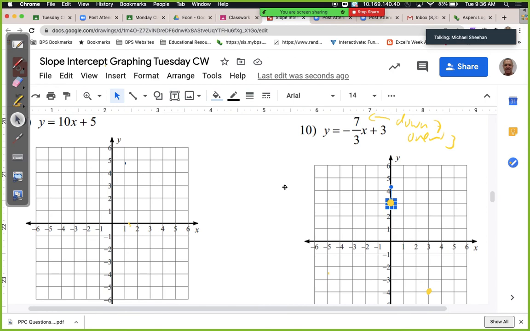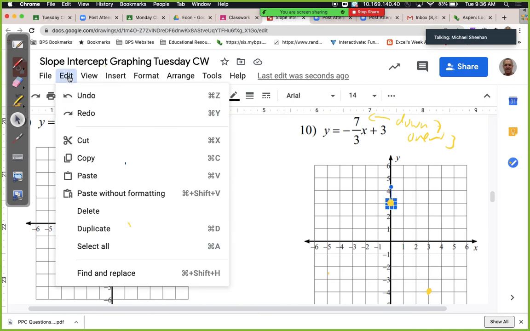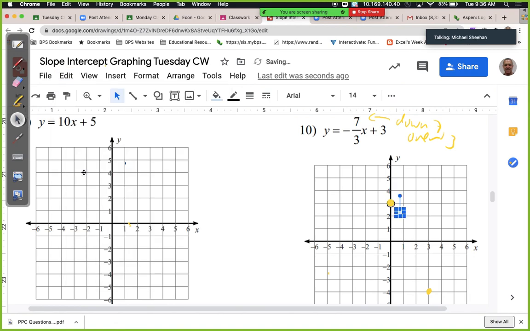And then I can make another circle, or I can copy this one and paste it. See how it's still highlighted? I can go over here to edit. I can do copy, and then edit, paste. And now I move it where I want, which is right here.